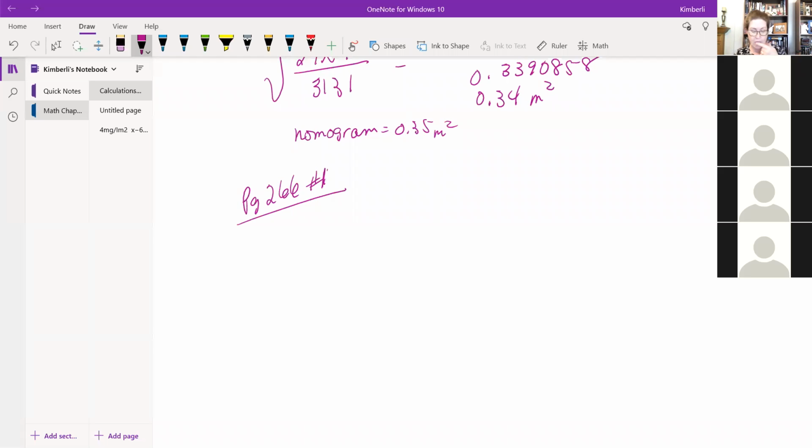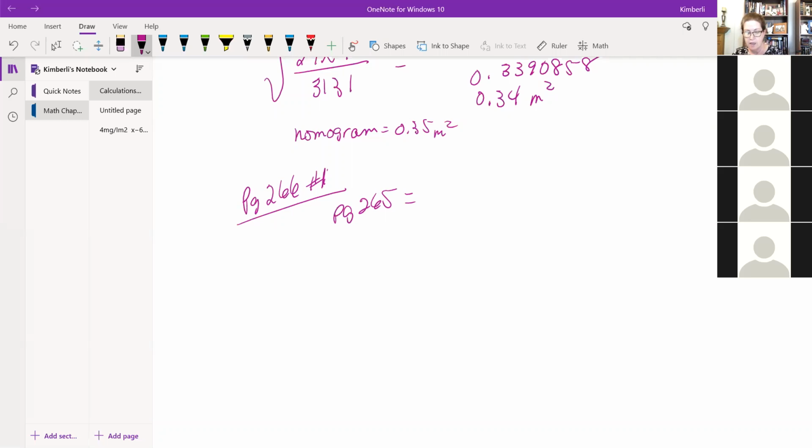Okay, hold on a second. Okay, I see what they're doing. On page 265, it gives you another example, okay? About halfway down, page 265, it's right above where it says example 12.8.